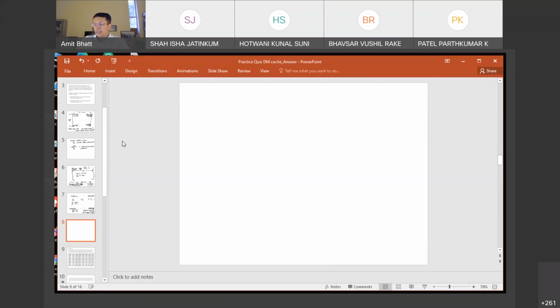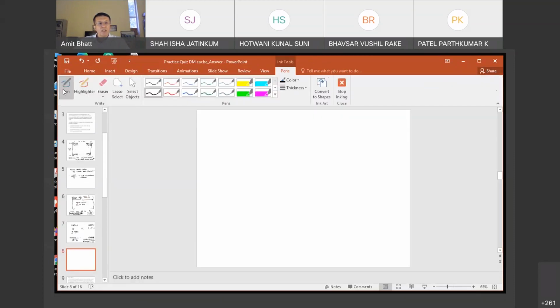So let us say I'm trying to design a best case scenario, the best case block size, or you can say cache line size. Someone said it is 64, right?